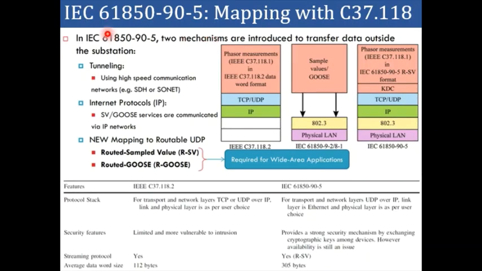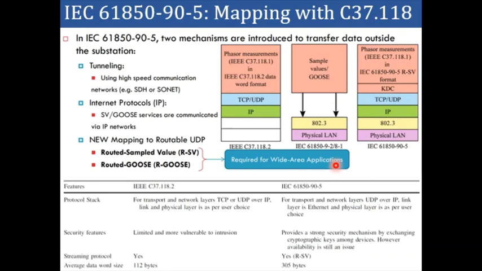Now the important component for IEC 61850-90-5 is the routing. Since we know that GOOSE messages are not routable in IEC 61850, we have to create routed GOOSE as well as routed sampled value for the wide area applications.